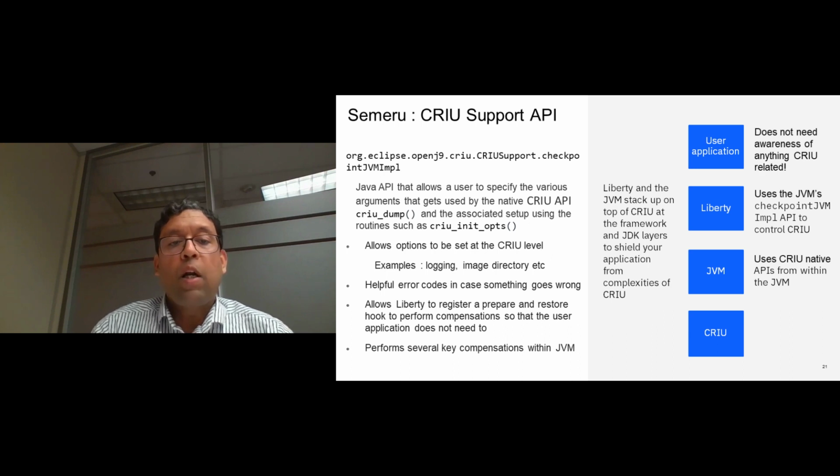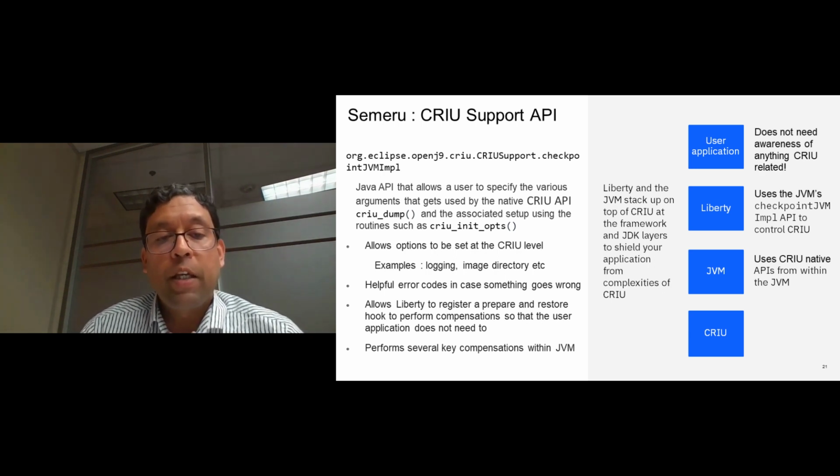So what are some of the options available to you using this Java API? You can configure CRIU in different ways. You can control it to enable different levels of logging so that you're able to debug what happened with your restore. You're able to select the image directory.